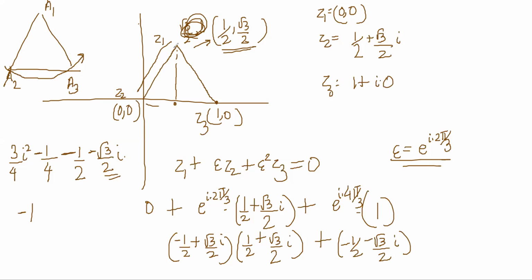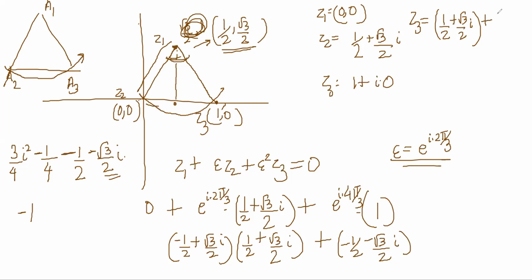So if I rotate Z2 about this through 60 degree, I should get Z3. Let me just check if my orientation is correct. Z3 should be equal to Z1 plus the rotation: half plus root 3 by 2i plus Z2 minus a.